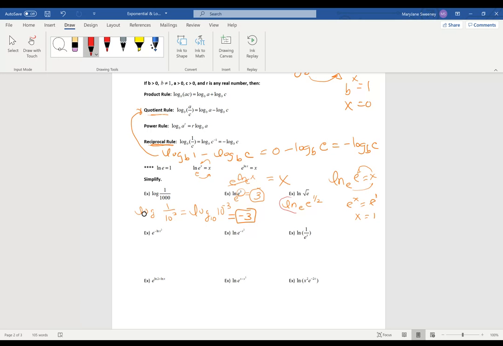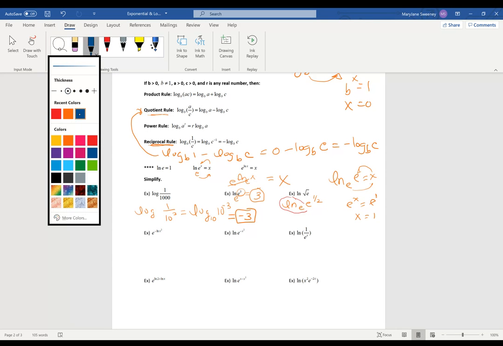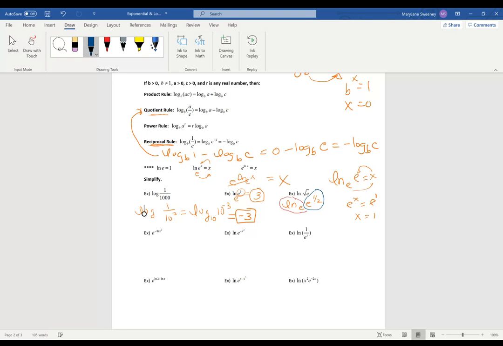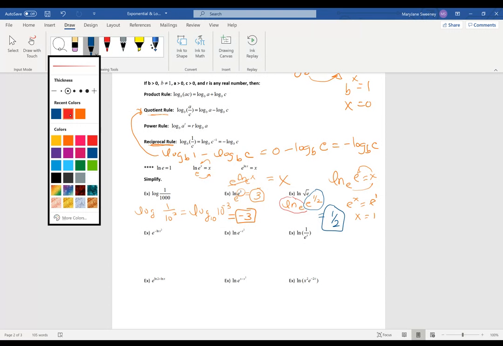This is a log with a base of e, and this is a power with a base of e. So since we're doing the log base e of the power base e, those just cancel out and give me 1/2 as an answer.